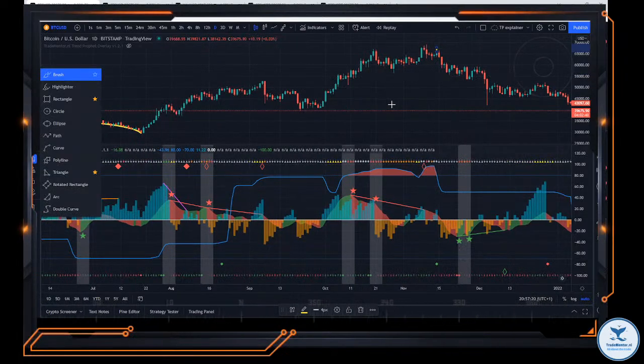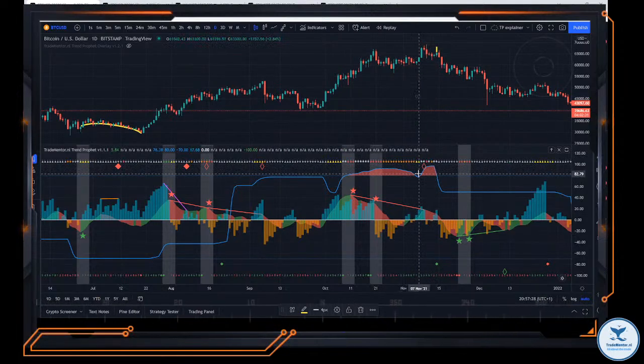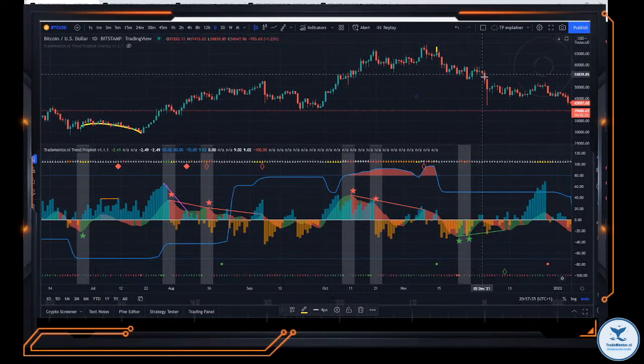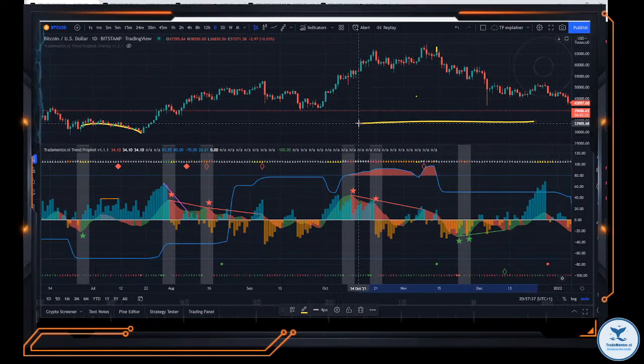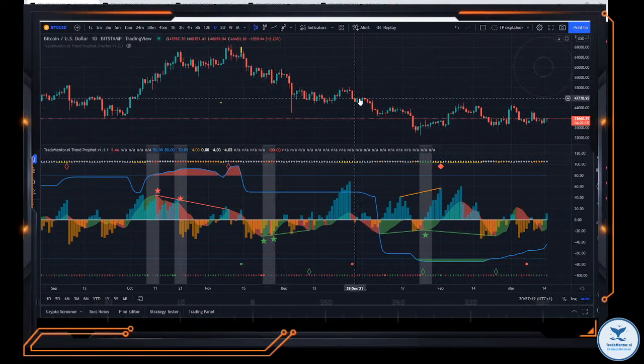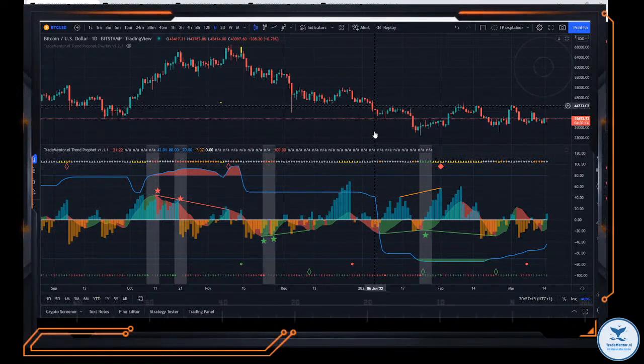And the funny part is it was still a green candle, but the trend strength was dropping very steeply all of a sudden, and that's a very good signal that there might be a trend reversal. The trend reversed on that point, and price declined while the trend was still in the same levels.